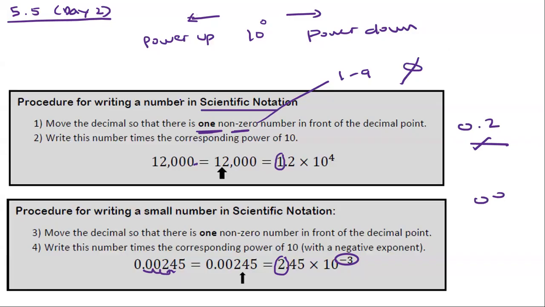If there are multiple zeros, again, that's not in scientific notation. If I have 20.01, that's not in scientific notation. It has to be one number in front of that decimal. So it can be 1.2, 2.2, 3.2, 4.6, 7.5, it doesn't matter, as long as it's not a zero or two numbers in front of that decimal.